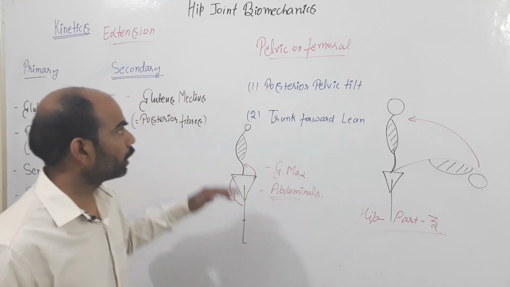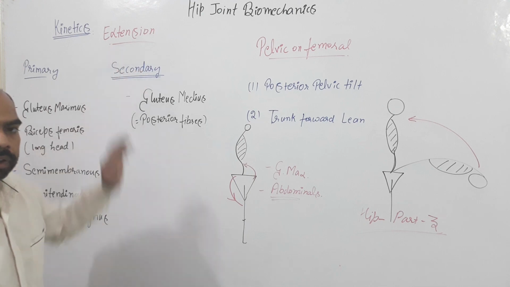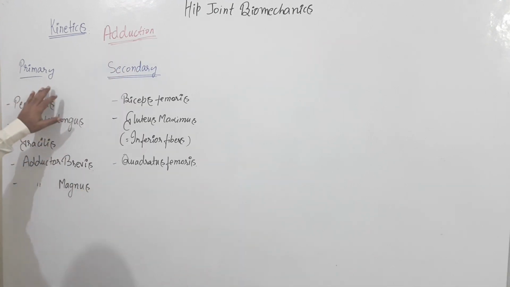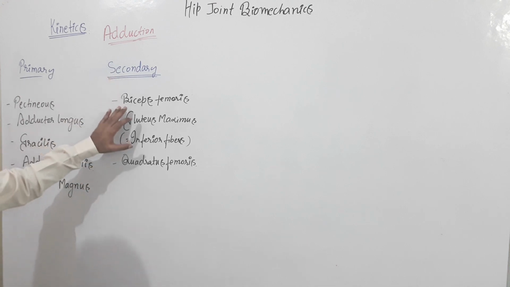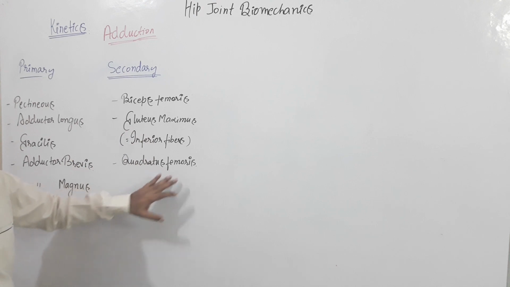Now, move on. The next movements are abduction and adduction kinematics. Hip adduction: the primary muscles are pectineus, adductor longus, gracilis, adductor brevis and magnus. The secondary muscles are biceps femoris, gluteus maximus and quadratus femoris.